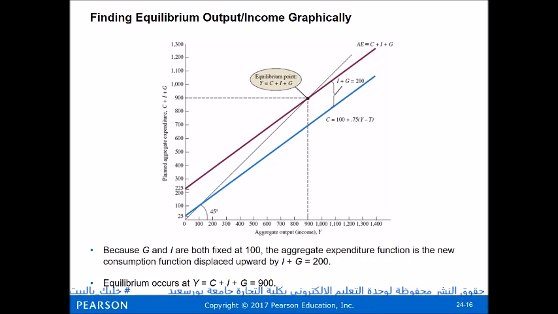And finally, we see that equilibrium occurs at Y equals C plus I plus G equals 900.